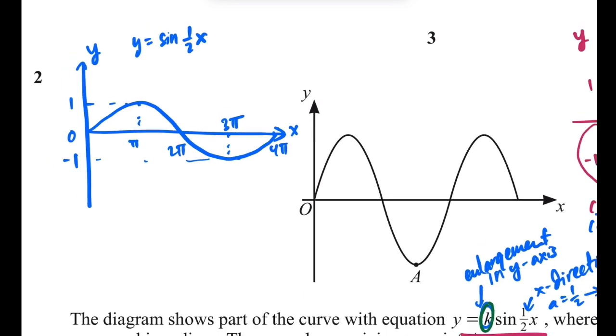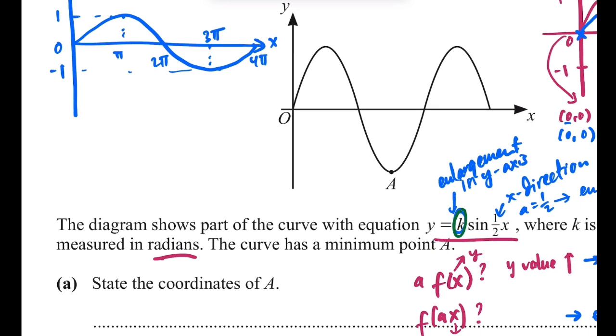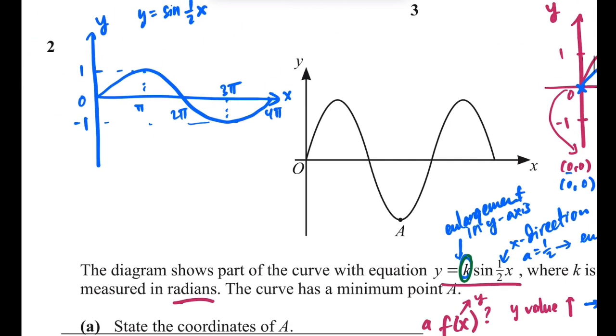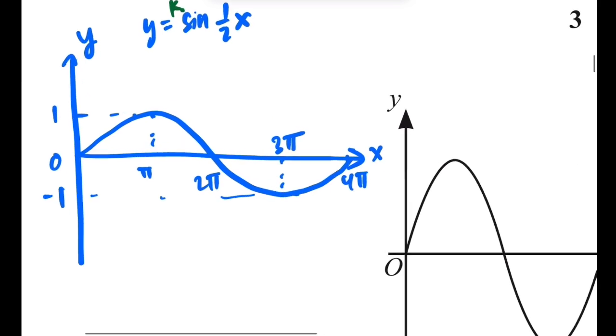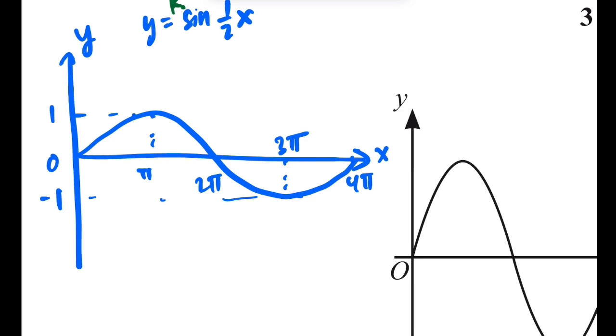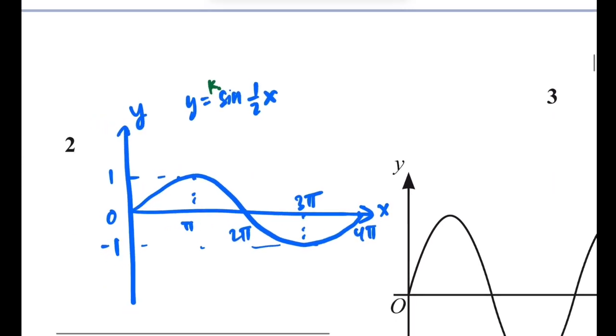Now, if we want to put another transformation to sine half x, and we put k here, that means we multiply the previous y value by k. So what we will do to this function is a transformation in the y-axis direction. It's stretching in the y-axis direction with the factor of k.